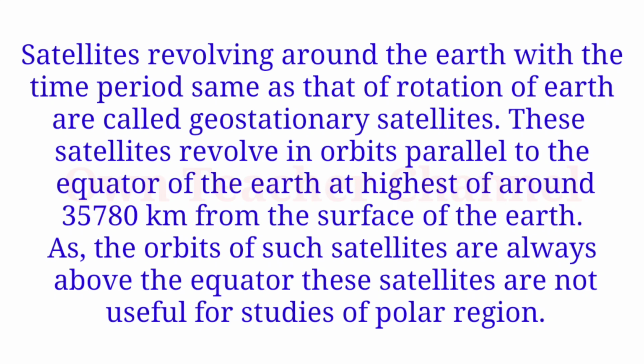These satellites revolve in orbits parallel to the equator of the Earth at a height of around 35,780 km from the surface of the Earth. As the orbits of such satellites are always above the equator, these satellites are not useful for studies of polar regions.